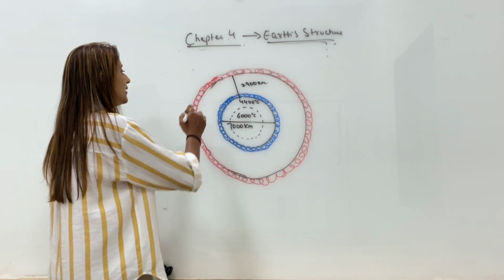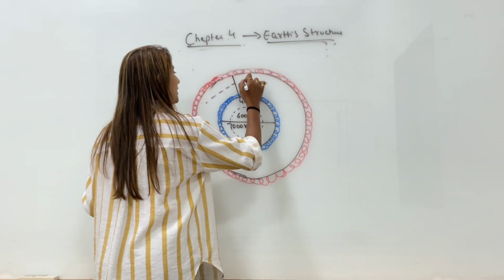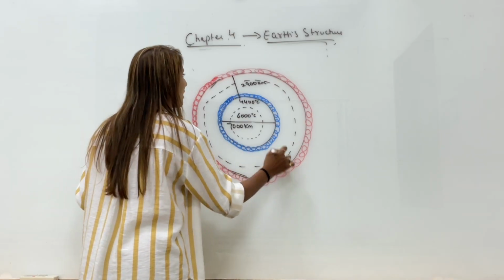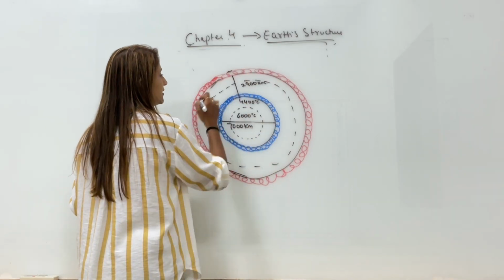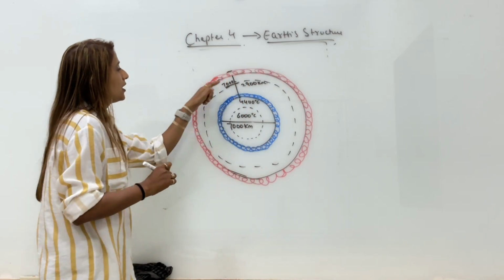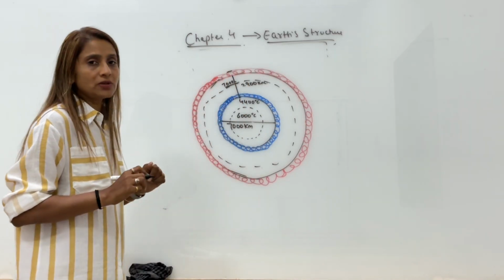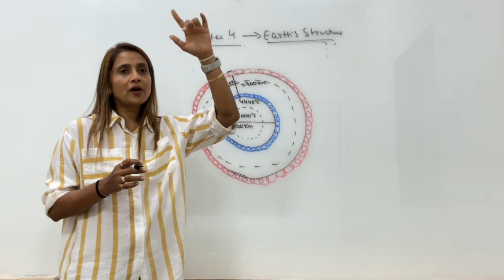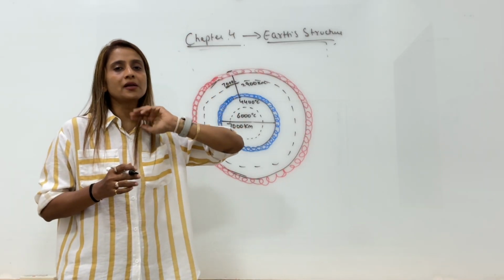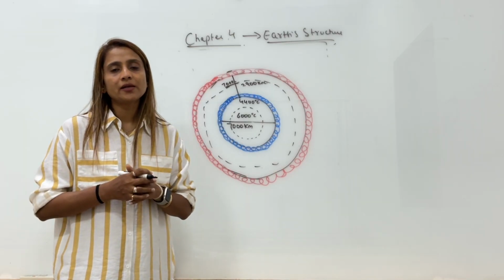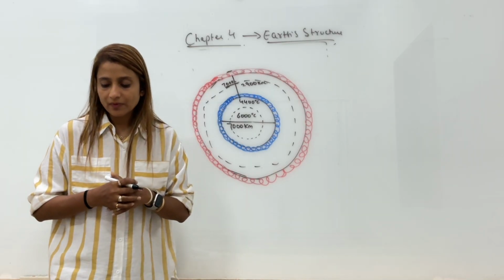Mantle is also divided into two parts, upper mantle and lower mantle. Upper mantle starts from Moho discontinuity up till 700 kilometer. From 700 kilometer till 2900 kilometer is lower mantle.